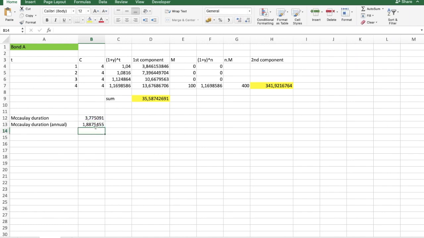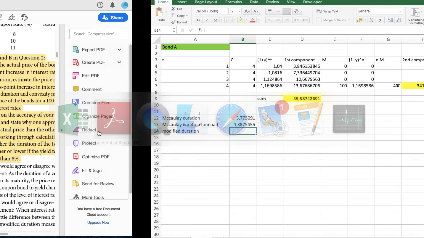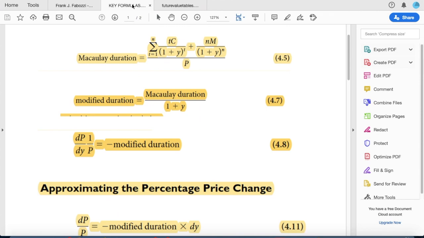So 1.8875. So this is the annual Macaulay duration, right? Now the modified one. Remember, the modified duration is simply equal to the Macaulay duration divided by 1 plus the yield to maturity used in the duration calculus.